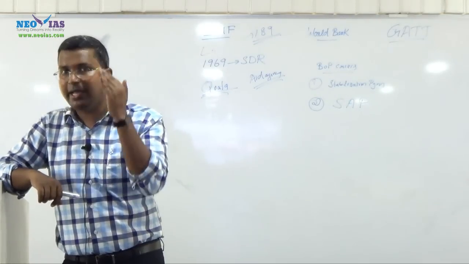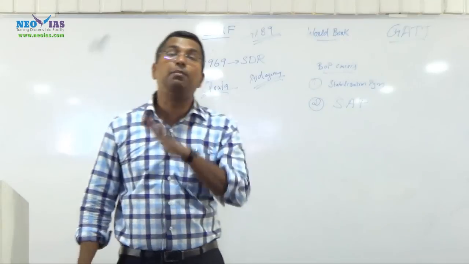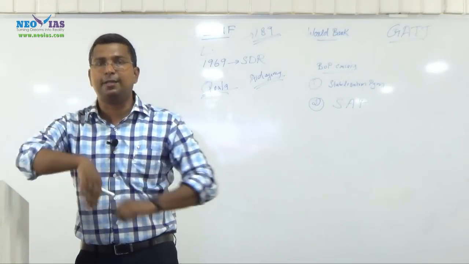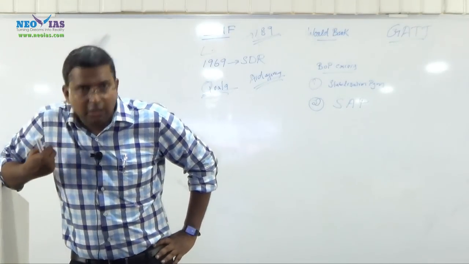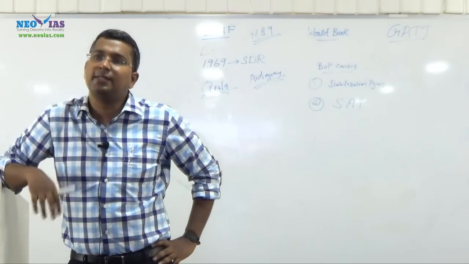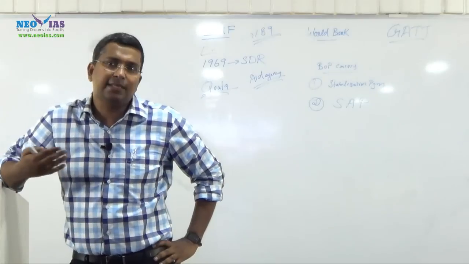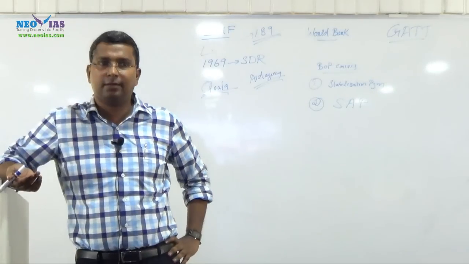Now just have an idea. There are some countries, like Greece, to which IMF is presently giving loans. Now you see Greece is not in a position to pay back.